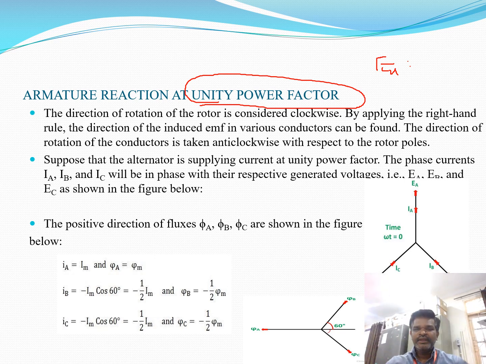So we know for a pure resistive load, the current is always in phase with the voltage, and whatever the power factor may be, the flux is always in phase with the current. The positive directions of fluxes I consider here are phi A, phi B and phi C, and each is displaced by 120 degrees.